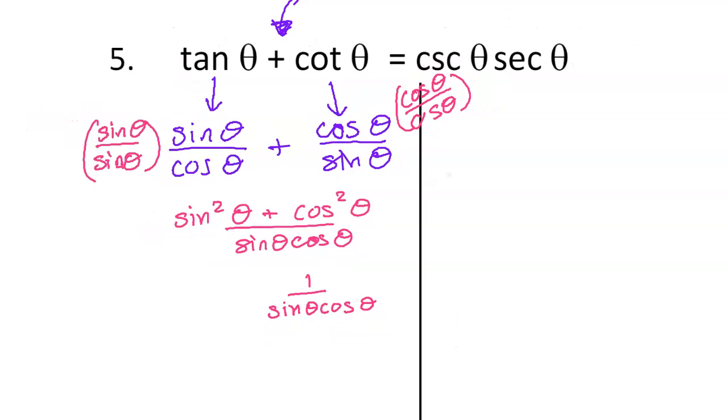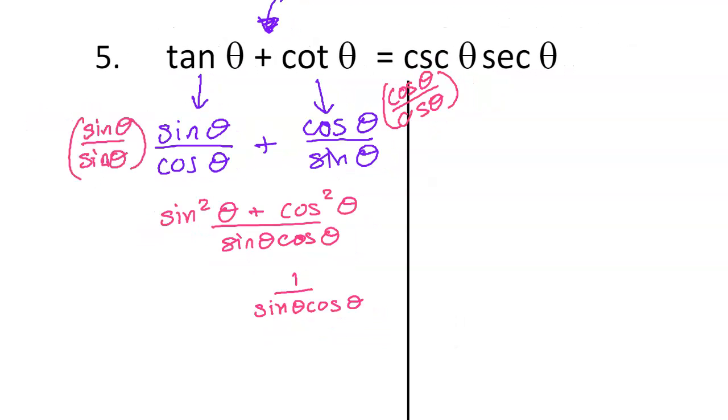So now I know what I'm going to end up with: cosecant of theta times secant of theta. Those are the reciprocals of sine and cosine. So all you have to do is split this into two separate fractions.